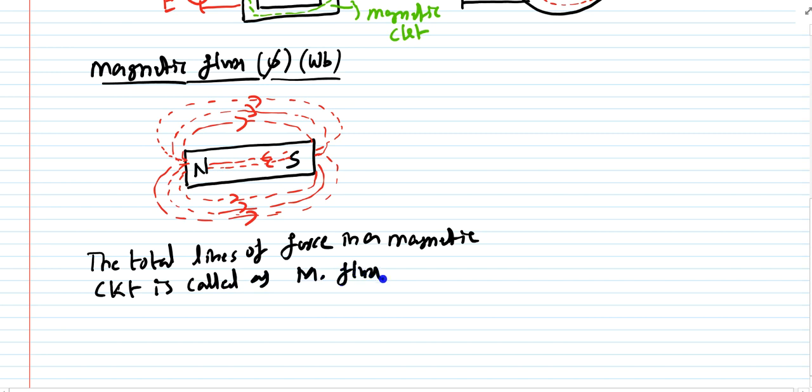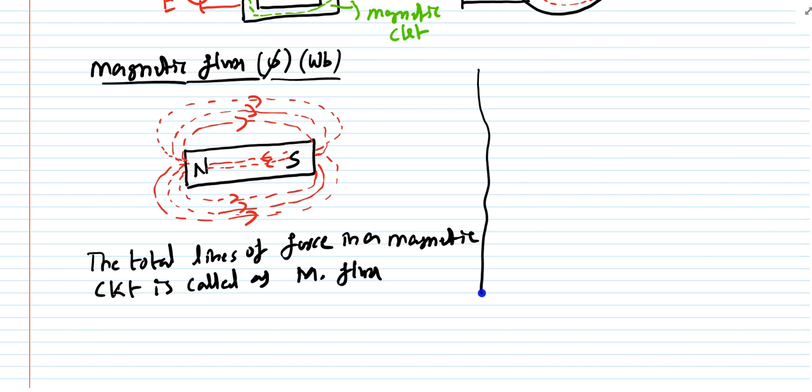This is one kind of definition for magnetic flux: the total lines of force in a magnetic circuit is called the magnetic flux.